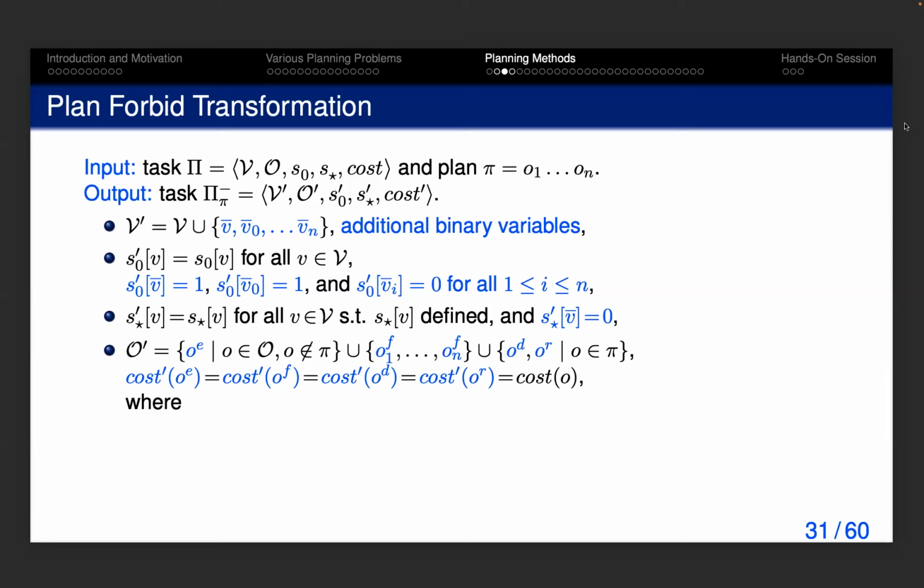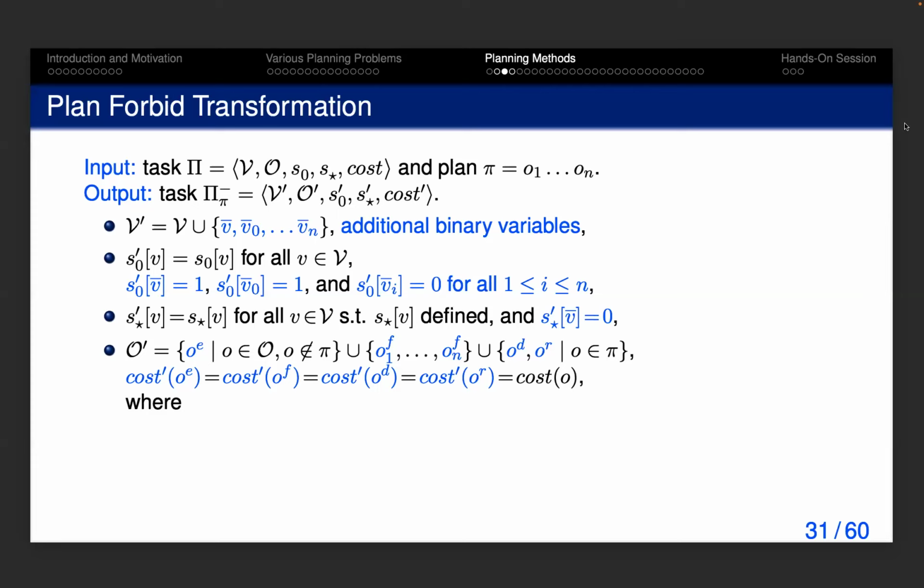Basically, given a planning task and a plan, what you create is a new planning task where the set of variables is extended by these n+2 binary variables. The initial state is extended so that the initial value of v-overline-0 is 1, and all the rest will be 0.